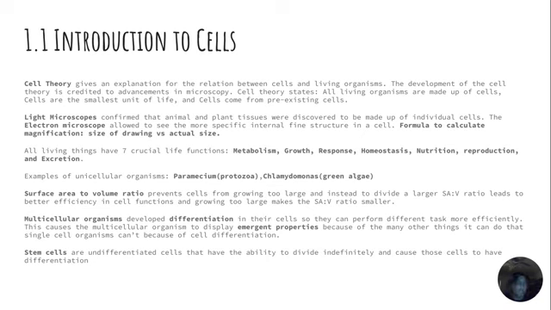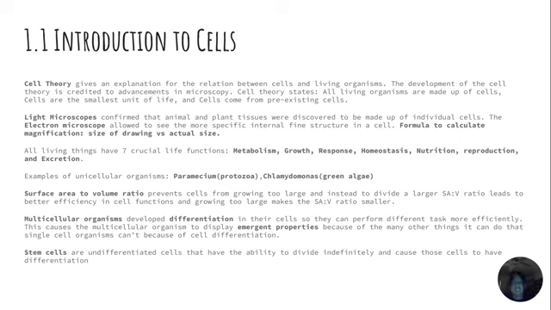So if I were to have a drawing that measured about 10 centimeters long, with the actual size of the cell being 100 micrometers, we would do 10 centimeters divided by 100 micrometers, and convert 10 centimeters into 100,000 micrometers. That would mean 100,000 divided by 100, which is 1,000 times magnification.